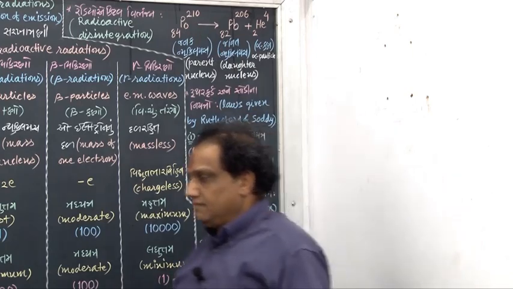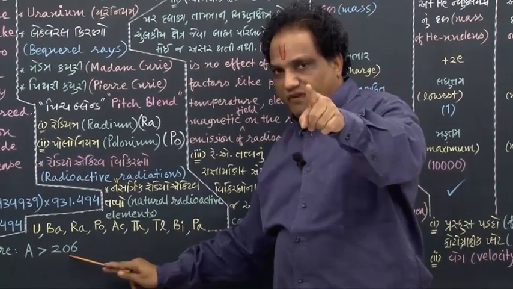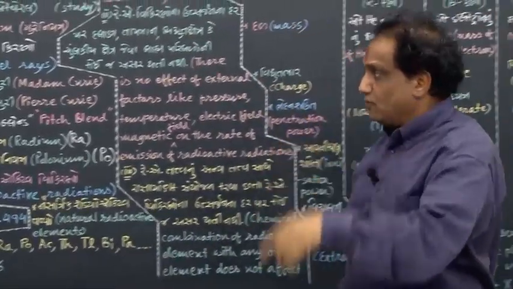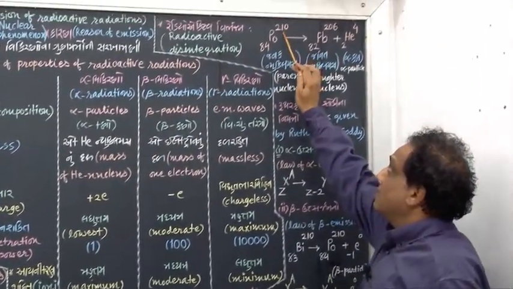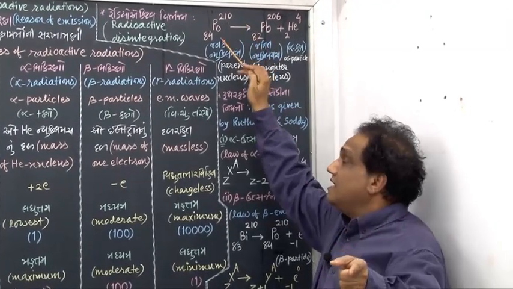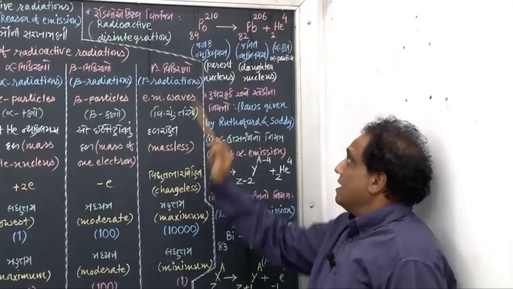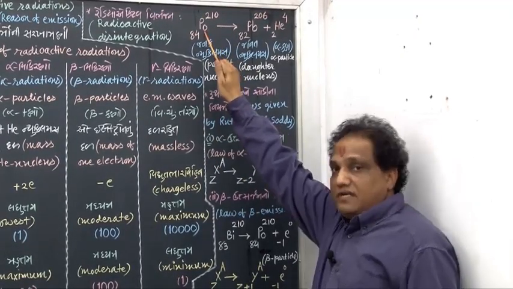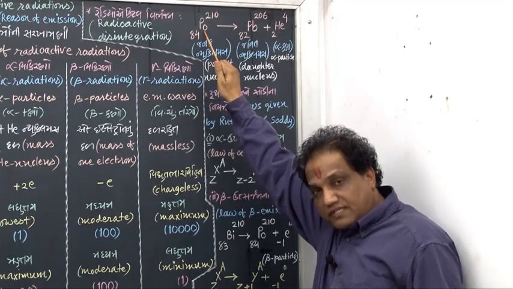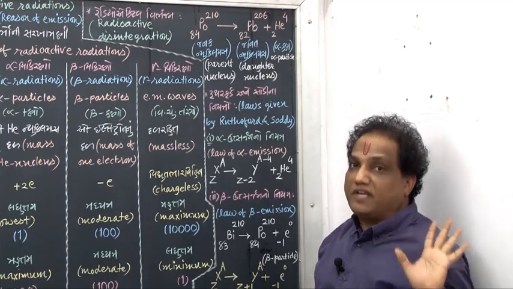Because you see atomic mass number, if it is greater than 206, the element will be naturally radioactive. And here the atomic mass number is 210, which is greater than 206. So this element is naturally radioactive.